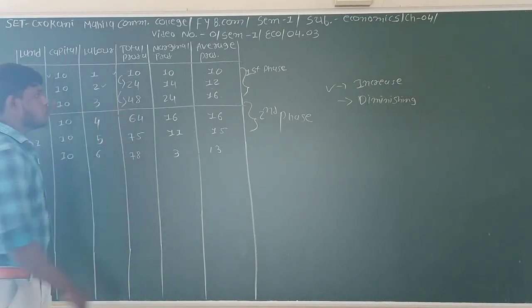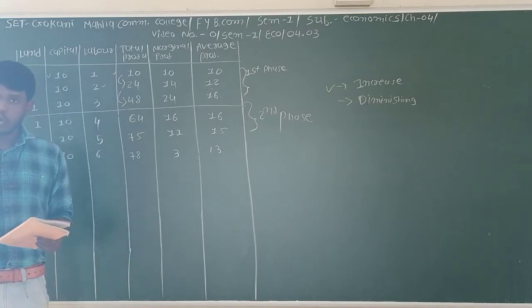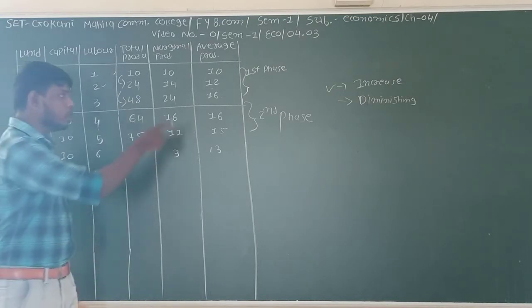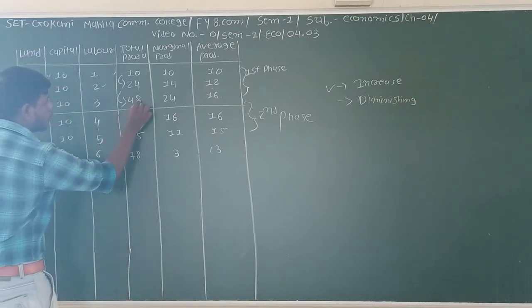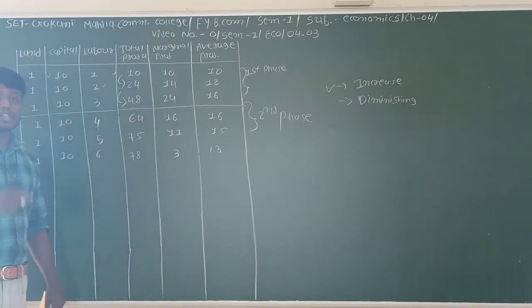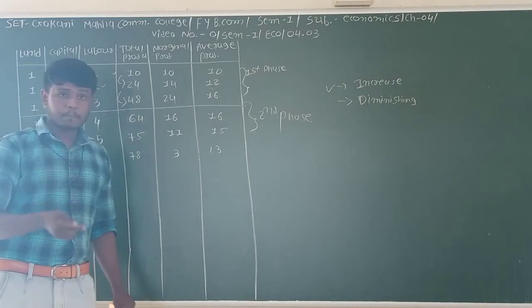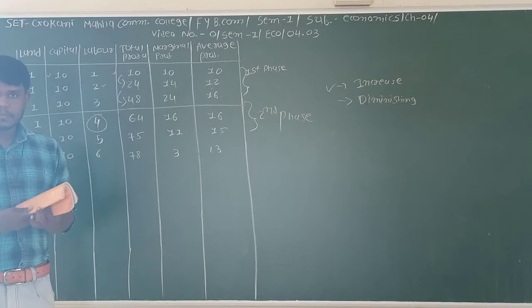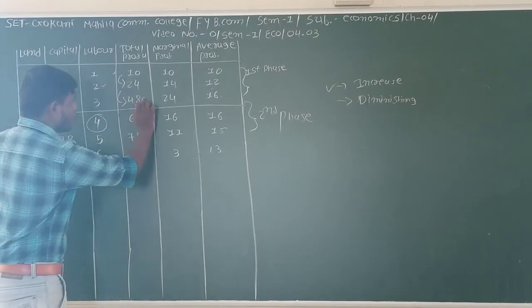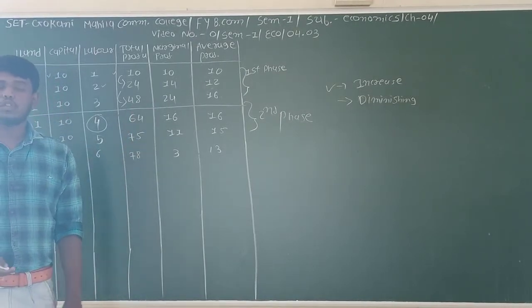After that 24 to 48, so it is also incremental. But when you are in the second phase, the second stage, it will be 48 to 64. It means when you employ the fourth labor in your business operations, it will give you production from 48 to 64.